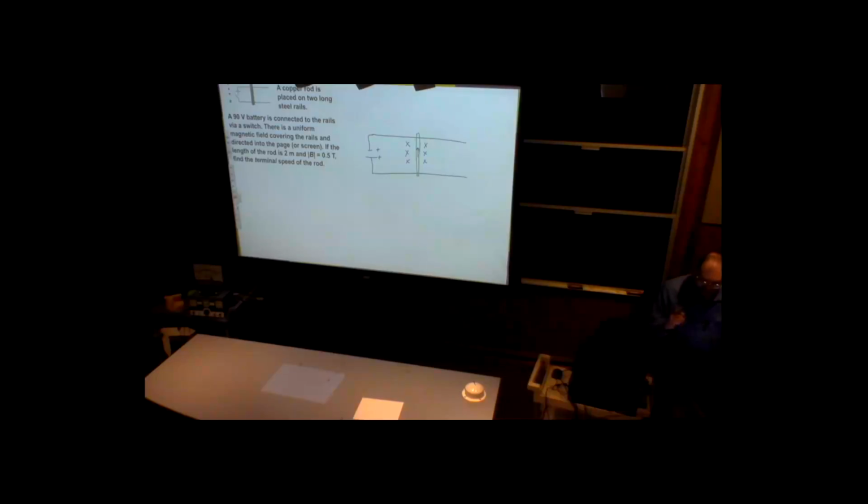Well, again, before the switch was closed, there was no electric current, and nothing happens instantaneously in the universe, nothing. So electric current should start from zero when we close the switch, but should increase, and eventually should reach some maximum value, terminal value.